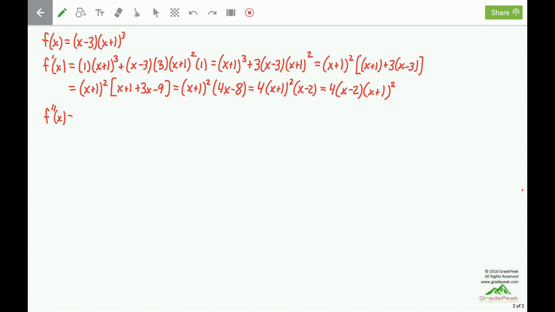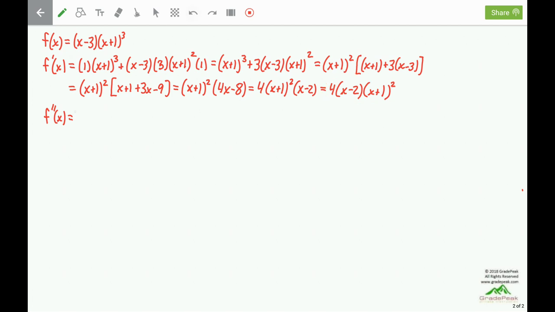So f double prime of x equals, if we take it from here, it'll just be a product rule of those expressions, and that constant 4 will just come along with the result.